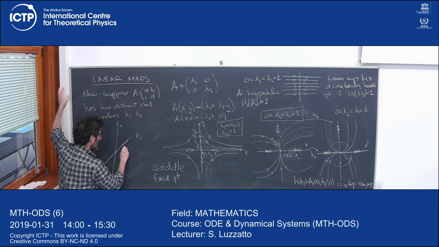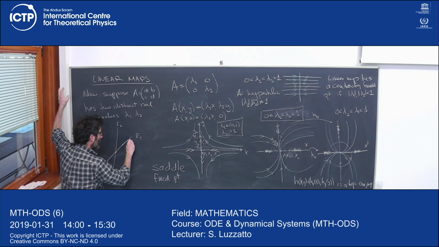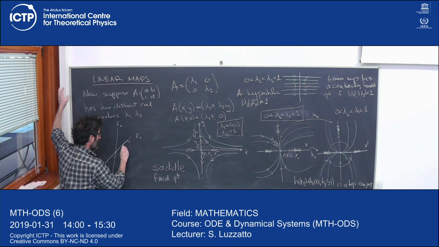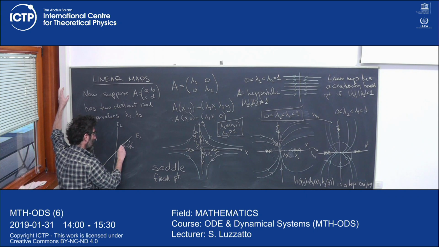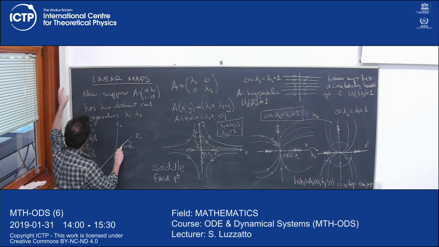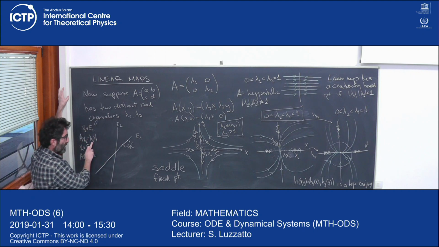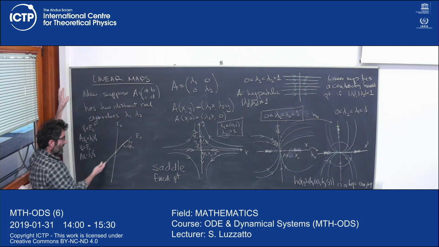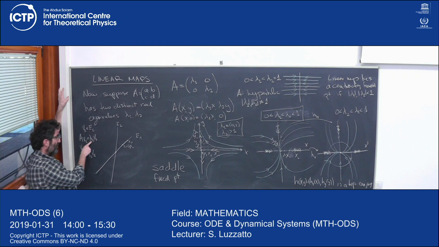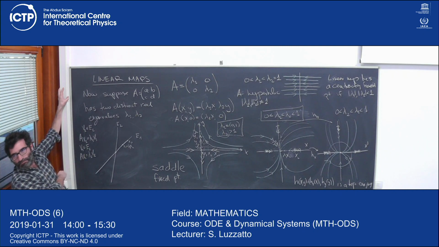So let's take a point x, with coordinates x0, x1. This is equal to lambda 1 x0, right? Depending on what lambda 1 is, inside the subspace we simply have the one-dimensional linear map lambda 1 v1.